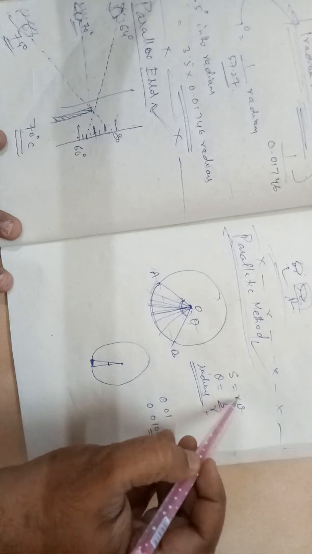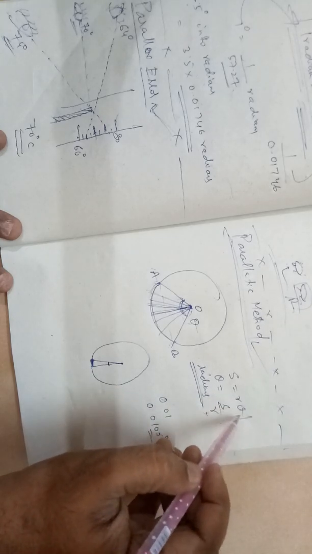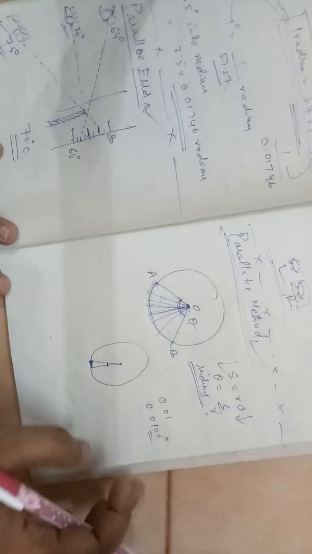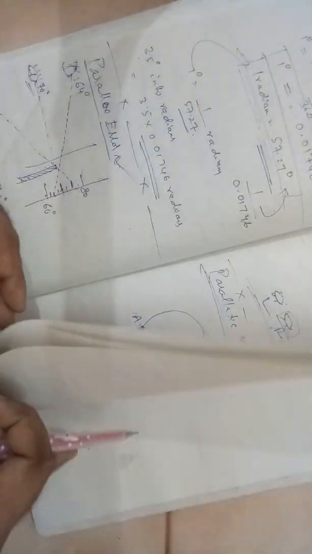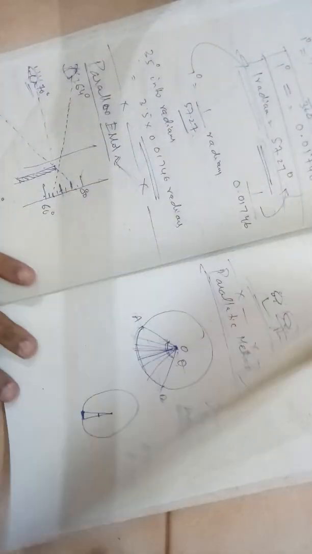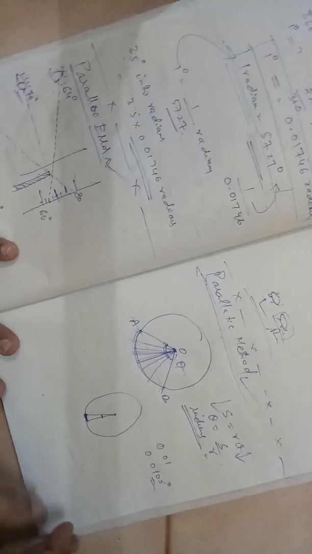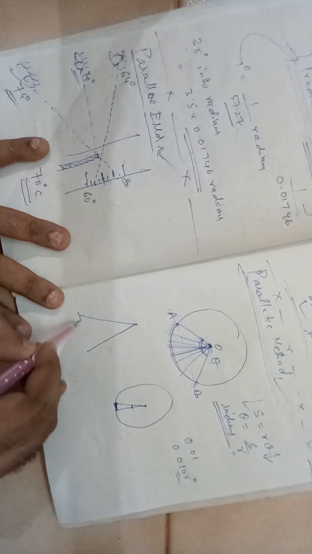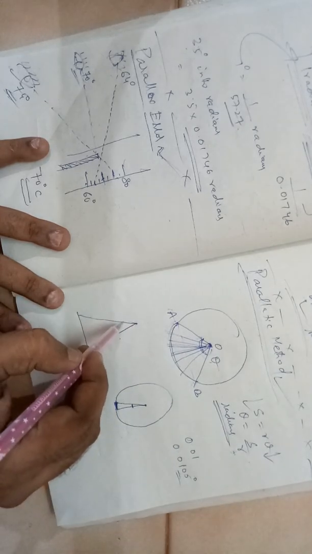When R is a constant and you drop theta by a large amount, S also will drop. So in this situation, the enlarged version will look something like this. We will be dealing with this as a straight line. This is just an exaggerated version.